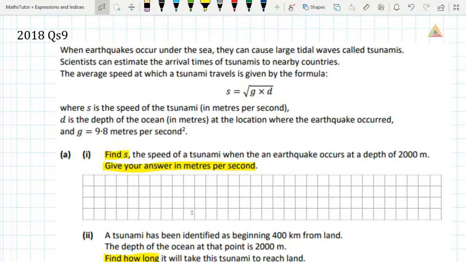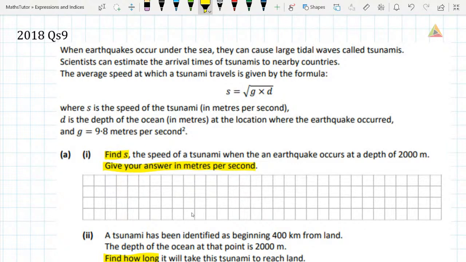So here we have another formula where S is the speed of the tsunami in meters per second, D is the depth of the ocean in meters at the location where the earthquake occurred, and g is equal to 9.8 meters per second squared. So they're going to explain what each of these letters or variables mean in the formula.